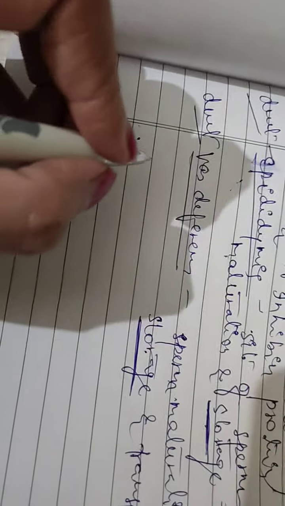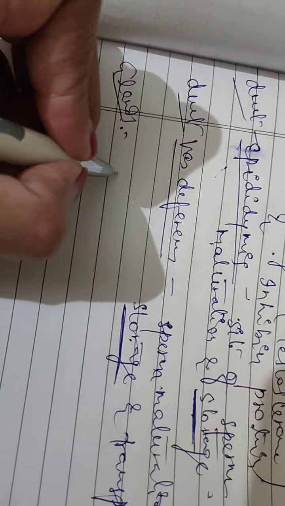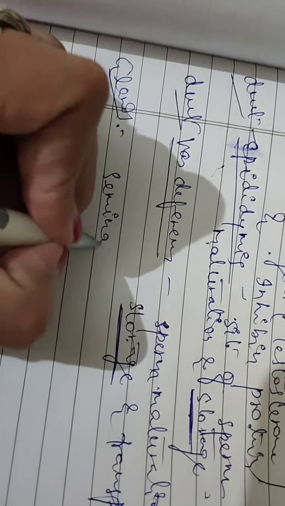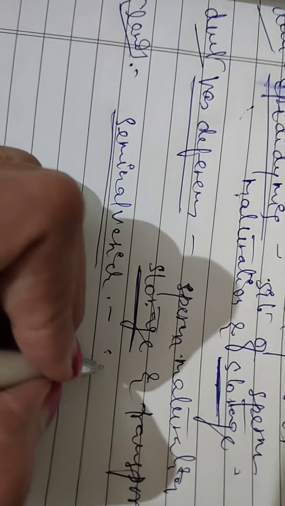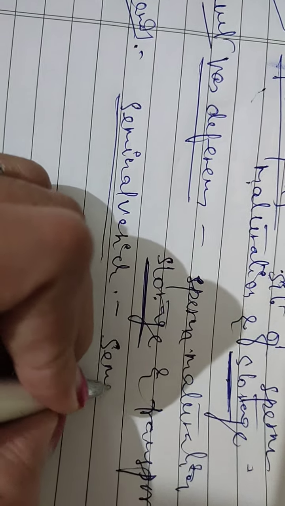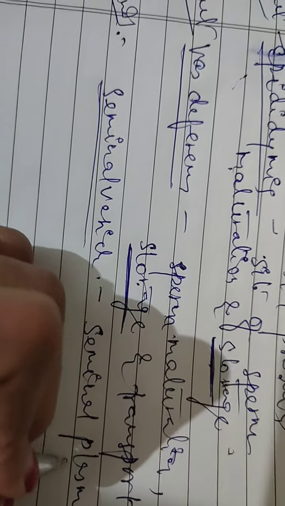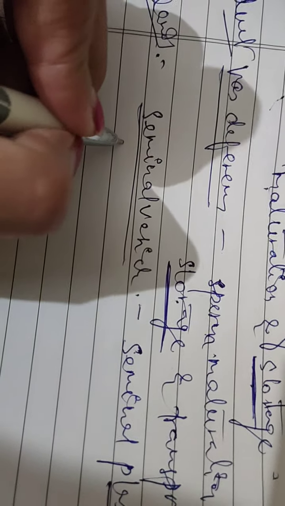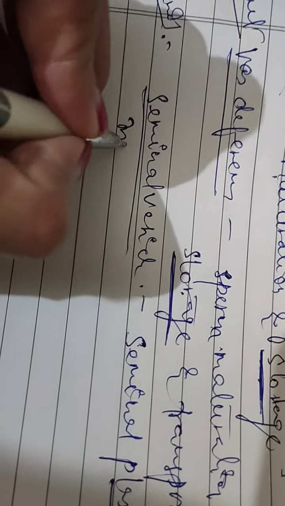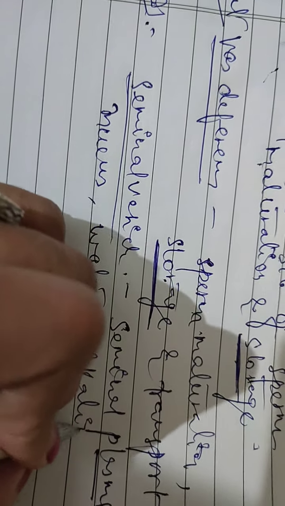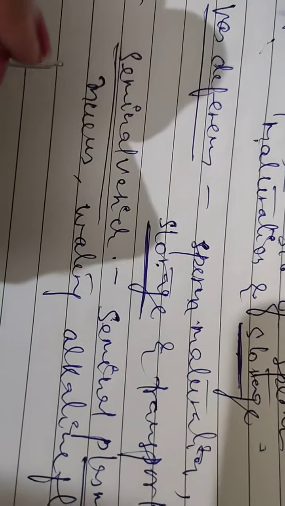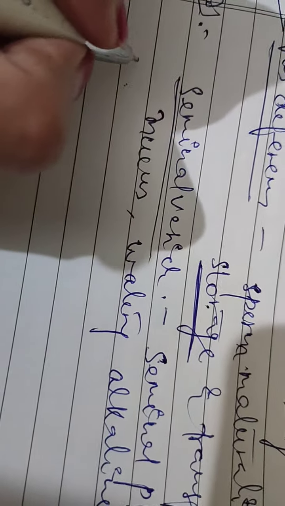Then next is gland system. There are some glands like seminal vesicles, where secretion of fluids occurs, which constitute the seminal plasma of ejaculated semen, and these secrete mucus and watery alkaline fluid that contains fructose.